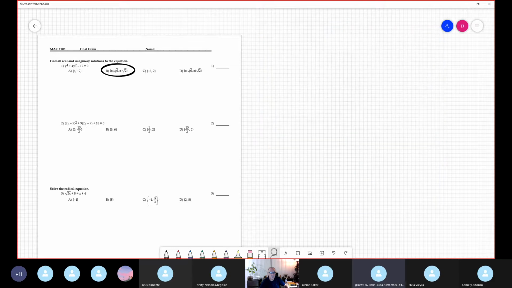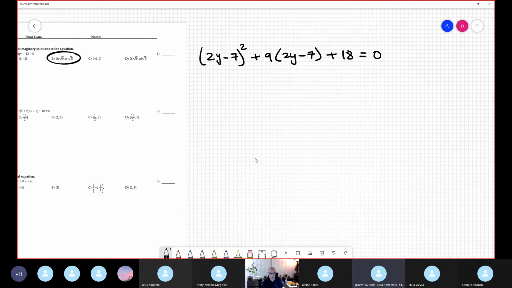Okay, let's do number 2. Number 2 is similar. Number 2 is (2y minus 7) squared plus 9 times (2y minus 7) plus 18 equals 0. We can expand this and combine like terms, but it's a long process. In my opinion, it's easier this way.